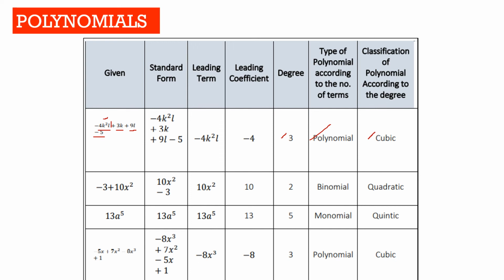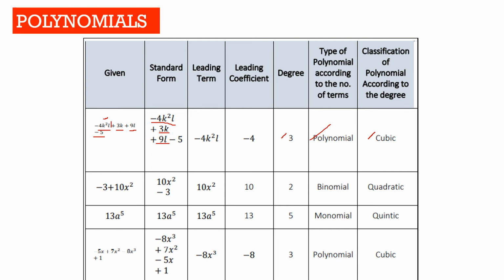And let's continue with writing the standard form. The first term is then negative 4k squared L because its degree is 3, followed by 3k with the degree 1 and 9L with the degree 1 as well. We can write 3k and 9L in any order, but since letter k comes first, we write 3k first.